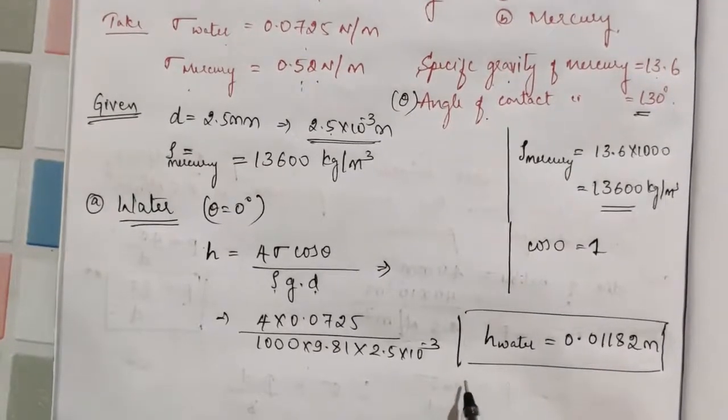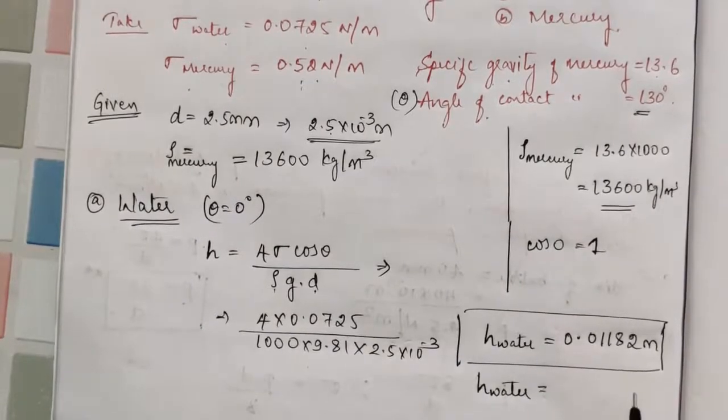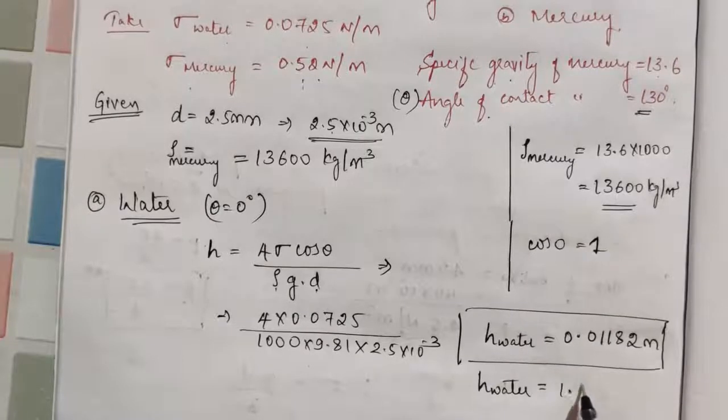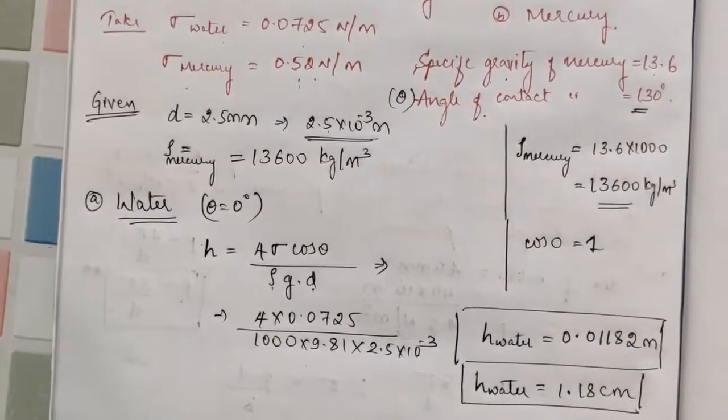So the capillary rise of water is 1.18 centimeter.